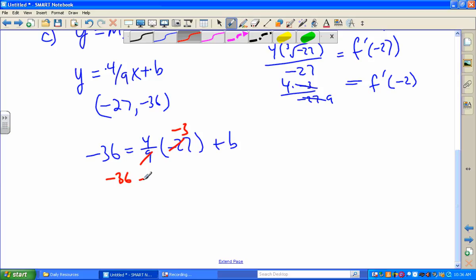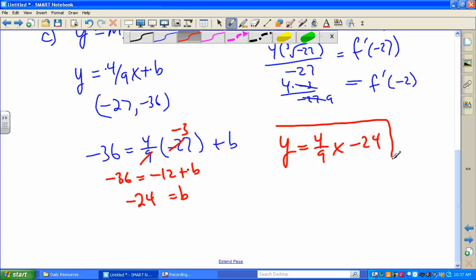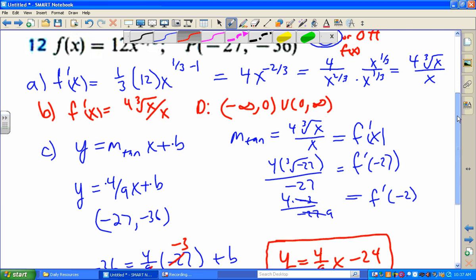Negative 36 equals negative 12 plus b. b equals negative 24, I think. Add 12, looks like it. So y equals 4/9 x minus 24. All right, that's pretty good.